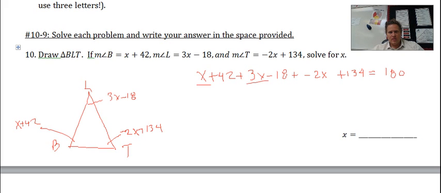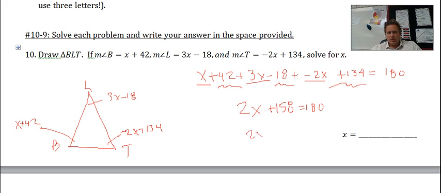That's going to give me 4x, that's going to give me 2x right there, and then when I add all of these constants together, that's going to give me 158. So I get 4x plus 158 equals 180. I subtract 158 from both sides, and it's going to give me 180 minus 158. Let's just double check.